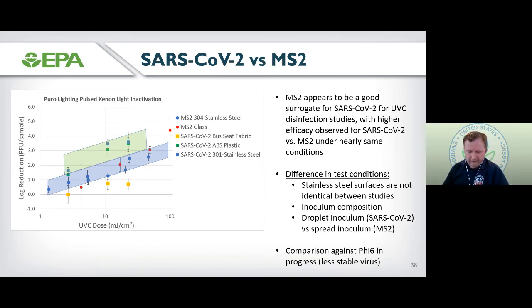Similar to that, the inoculum deposition is a little bit different, as well as the composition of the inoculum itself. Research in relation to the 5.6 data is still in process. We didn't want to present that here in comparison. So this is a good indication that MS2 is a suitable virus for SARS-CoV-2 research by UVC disinfection.